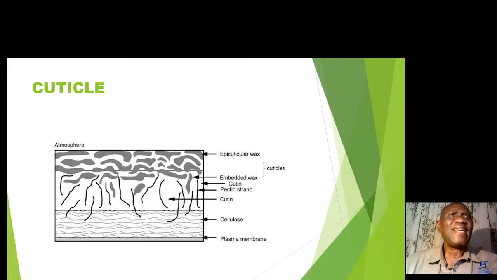For the pesticide to enter the plant, it has to go through that cuticle. Sometimes that pesticide may fail to penetrate that cuticle. Under those circumstances, the pesticide may not do its job.